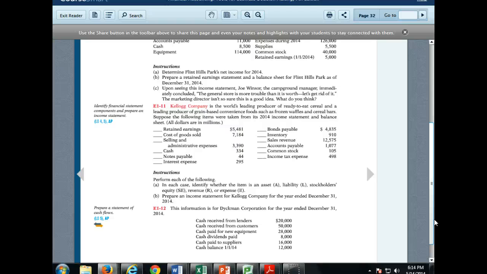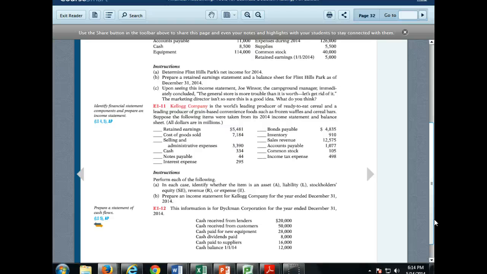Now this is exactly kind of what you're going to have on your quiz. That's matching. I'm going to have accounts for you, and you're going to have to say what kind that they are. Okay? So, who wants to take retained earnings? What would retained earnings be, guys? Stockholders' equity. Who agrees with that? You guys agree? Good.